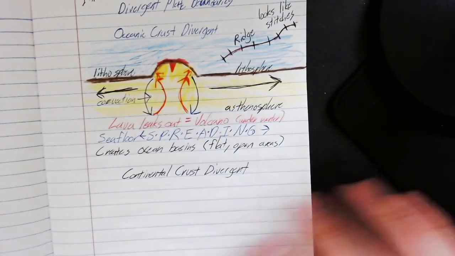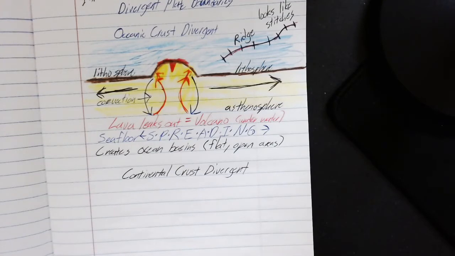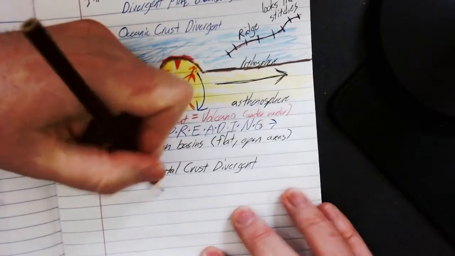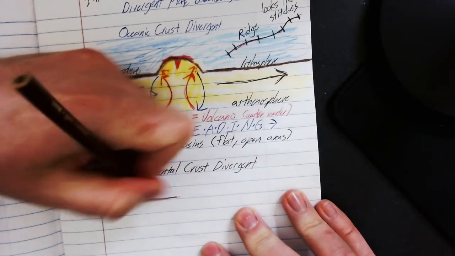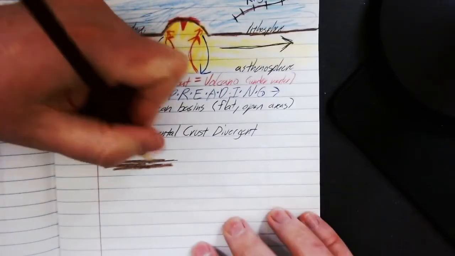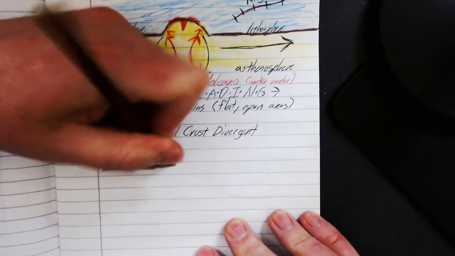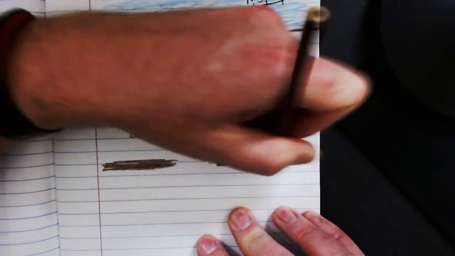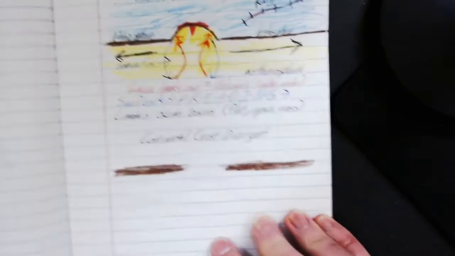So instead of water this time, we just have land. So just like before, remember the continental crust is thicker than the ocean crust. So I'm going to make my continental crust thicker. I'm going to leave it in the middle because you already know that this crust is being ripped apart.